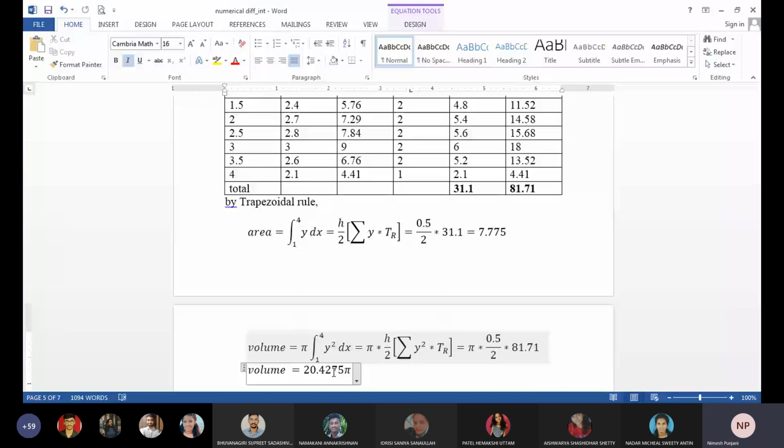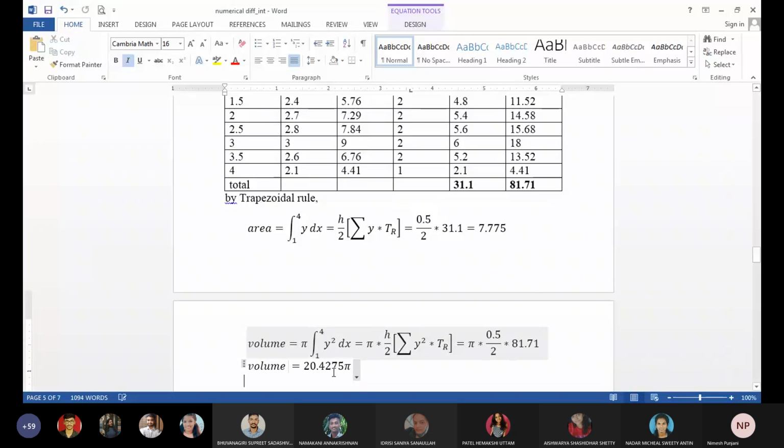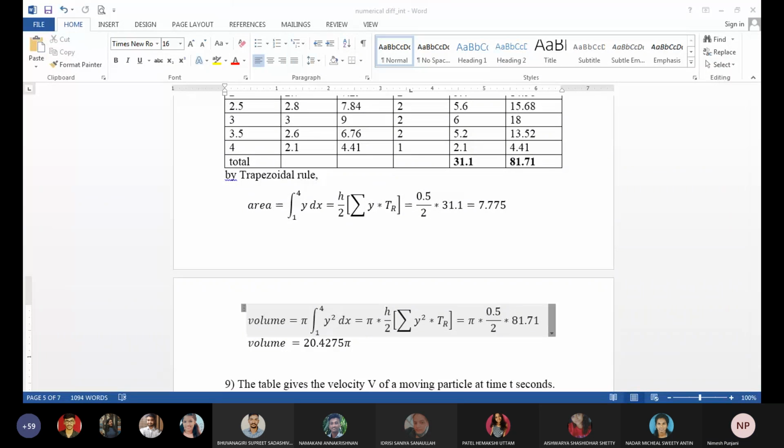No need to write the units, square units or cubic units, it is understood.